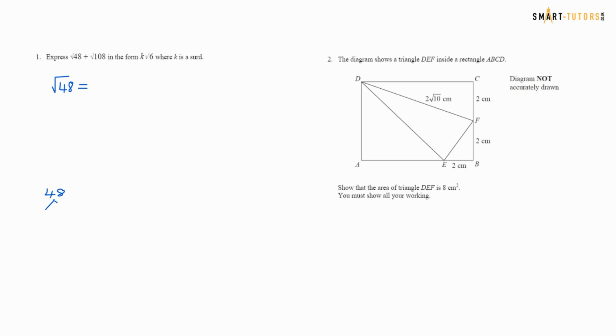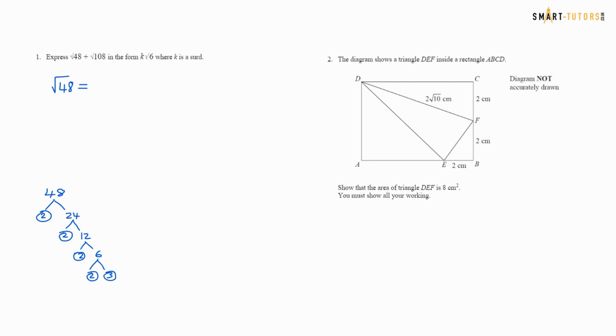So 48, the factor tree is 2 with 24. 2 is a prime number, so I circle that one. There's no more factor for the 2, so you don't want to write it as 1 times 2. And 24 is not a prime number, so again 2 with 12, then again 2 with 6, then again 2 with 3.